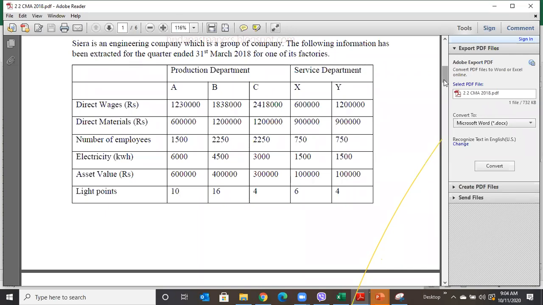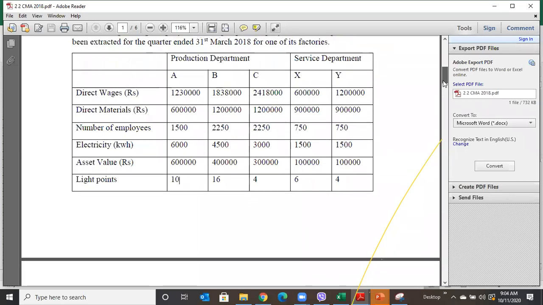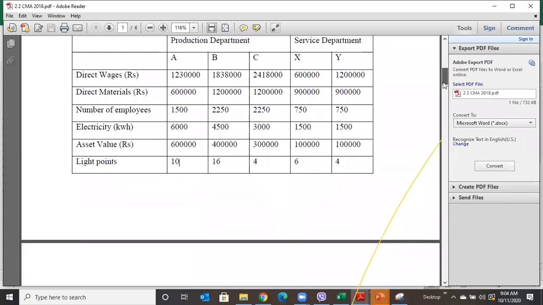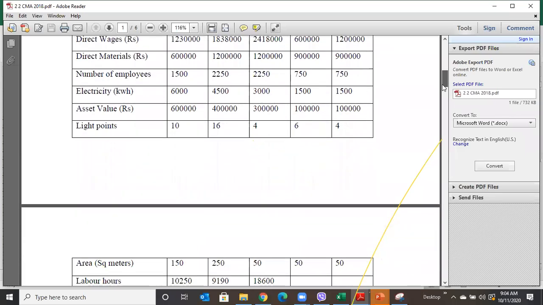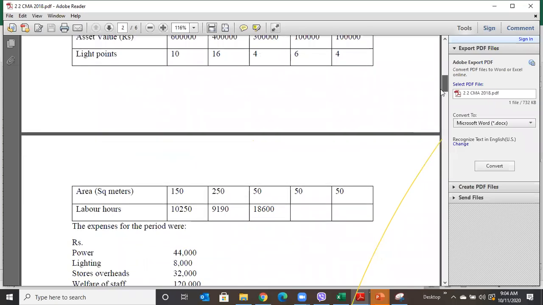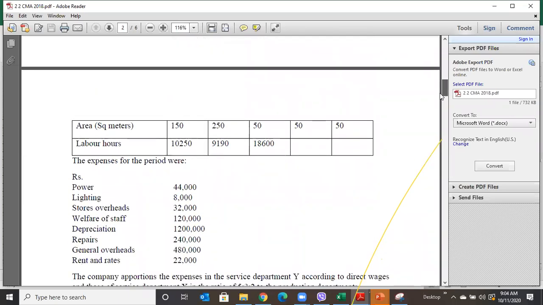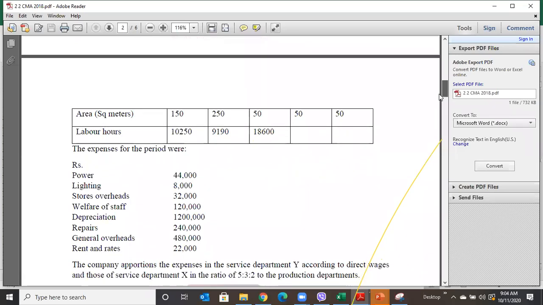Here you can see production departments namely A, B and C, and 2 service departments namely X and Y. Then in the first table you have been given information related to direct wages, direct materials, number of employees, electricity, asset values, light points, area, labor hours. Then expenses you have been given: power, lighting, stores overheads, welfare to staff, depreciation, repairs, general overheads, and rent and rates.